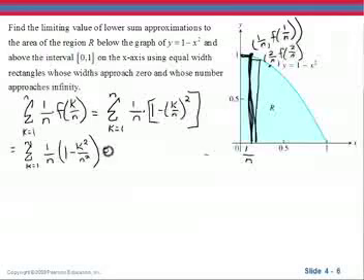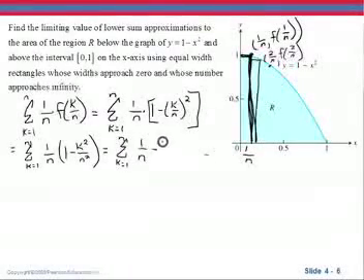Then I'm going to just distribute my 1 over n. So this is the sum from 1 to n of 1 over n times 1 is 1 over n, minus 1 over n times k squared over n squared is k squared over n cubed. Now I'm going to apply some of those formulas that we had earlier.